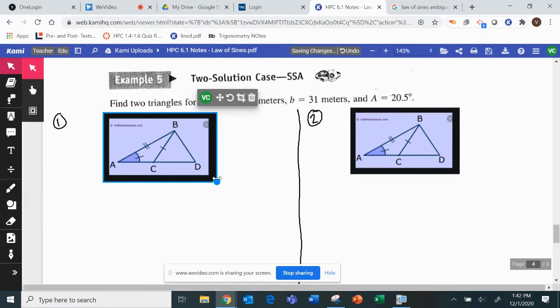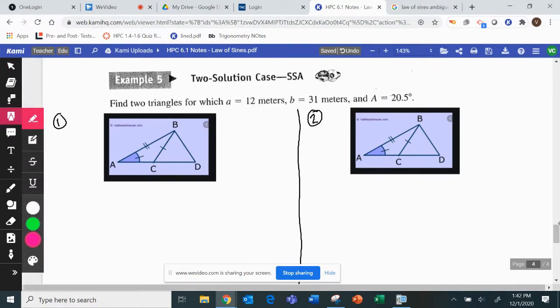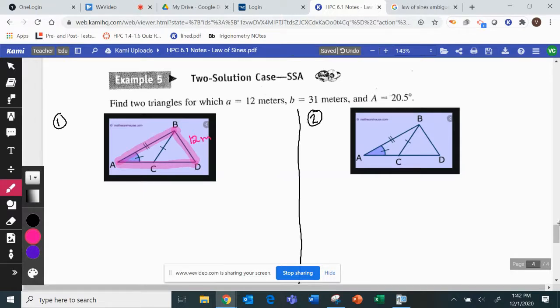Okay, so our first scenario, we are going to look at this triangle. So it says a is 12, so there's my 12 meters. b is 31, and guess what? It's not literally B in the picture.